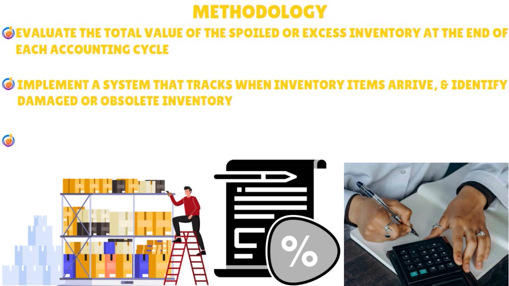Segregating these items into a designated area is actually quite essential for early detection of potential write-offs. This step prevents obsolete or damaged goods from being mistakenly counted as part of the company's viable inventory, ensuring an accurate reflection of inventory value.